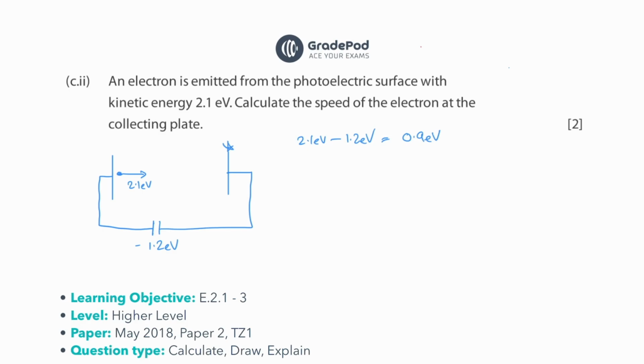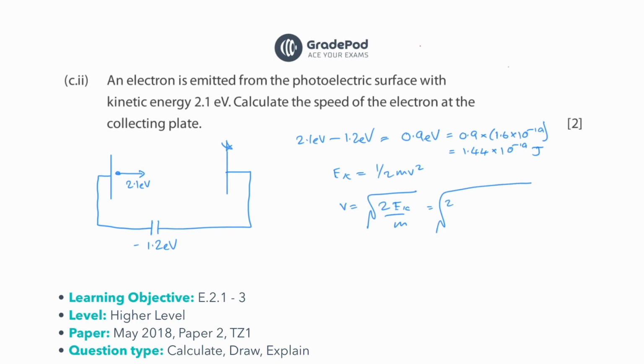And we're going to use that to calculate the speed of the electron. EK equals a half mv squared. We need to change our value for kinetic energy into joules. So 0.9 times 1.44 times 10 to the minus 19 joules. And we want to rearrange for v. So v equals the square root of 2EK over m.